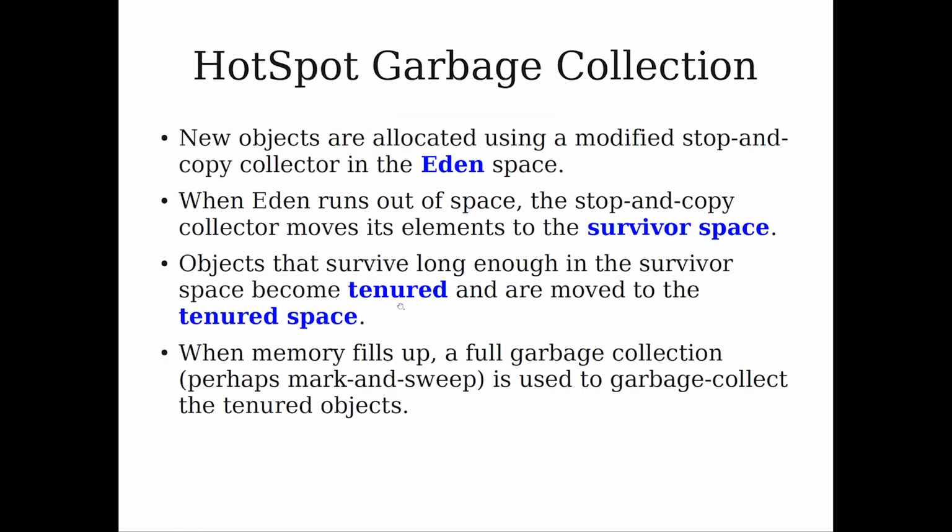So in this kind of garbage collection in Java, new objects are allocated using a modified stop and copy collector. When Eden runs out of space, you move objects to survivor space. Something which survives long enough goes into tenured space. When all of them are filled, you run a full garbage collection, which can collect tenured objects.